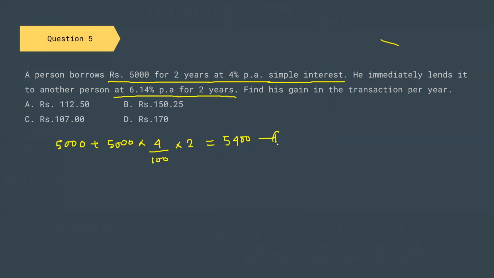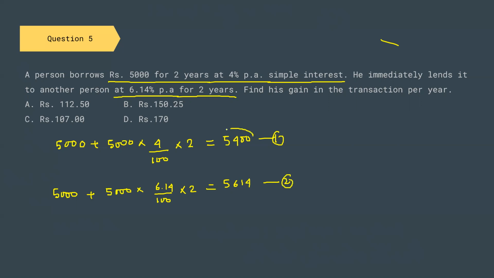So this is your equation number 1. Again, this is a very simple question, and he has lent this money at 6.14%. So this will be 5,000 plus 5,000 into 6.14 divided by 100 into 2. So that comes out to be 5,614. That is your equation number 2.